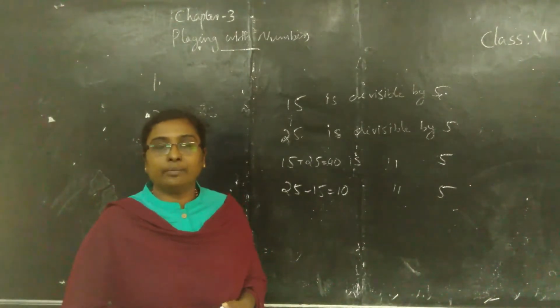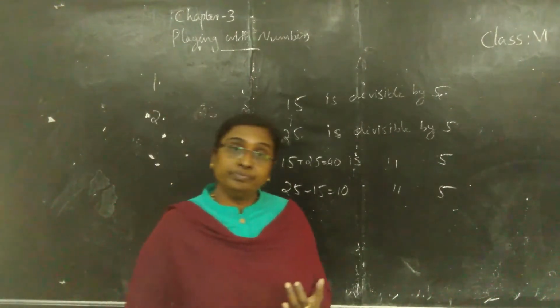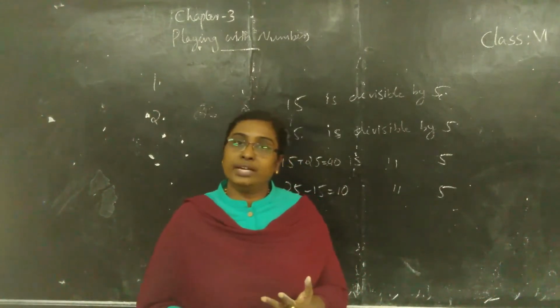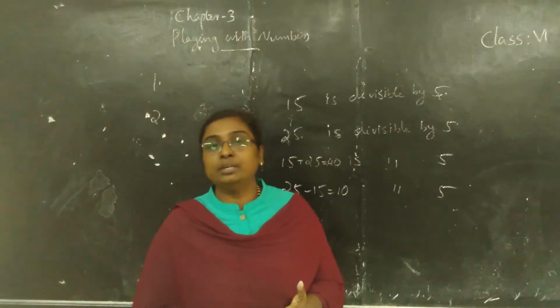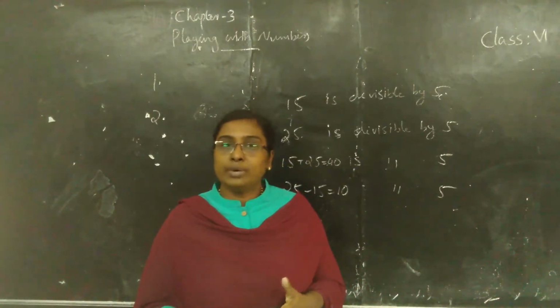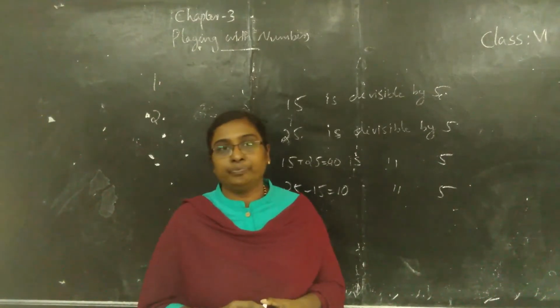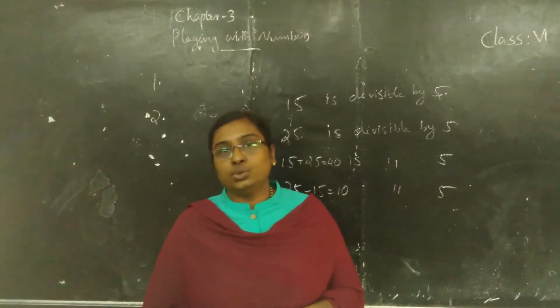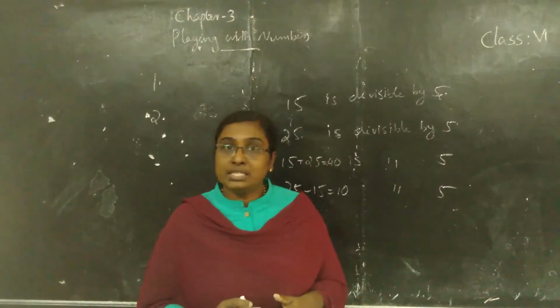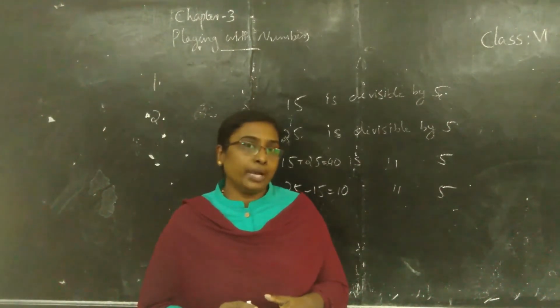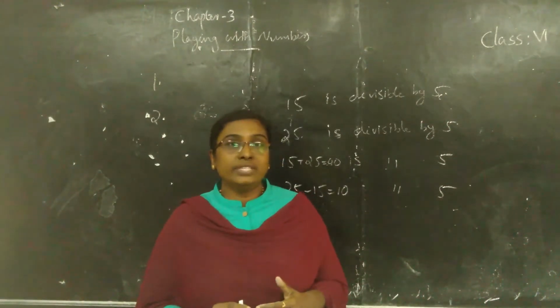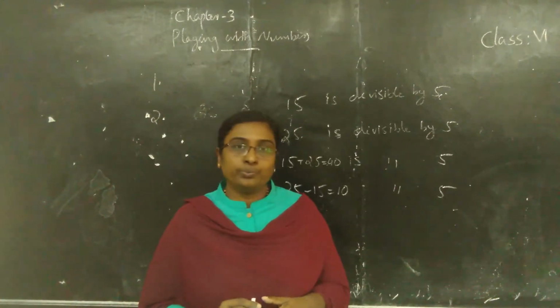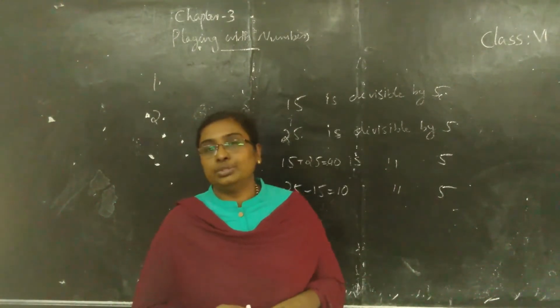Okay. What is the first rule? If a number is divisible by another number, then it is divisible by each of its factors. The second rule. If a number is divisible by two co-prime numbers, then it is divisible by their product also. The third rule.